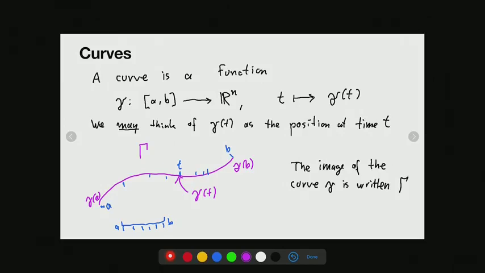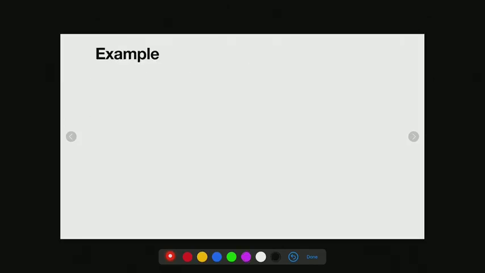Let's do two examples for that. The first one is super simple. Let's take gamma going from 0, 1 to 1, and let's say it maps into R to the 3. We take this parameter t and we map it onto the following. Let's say, for simplicity, 2 plus 3t, 1 plus 2t, and 5 minus t.